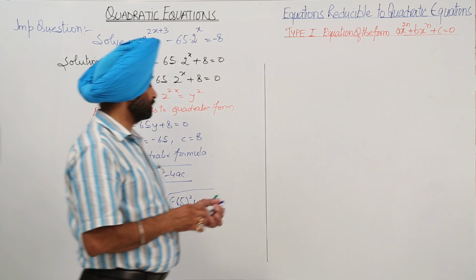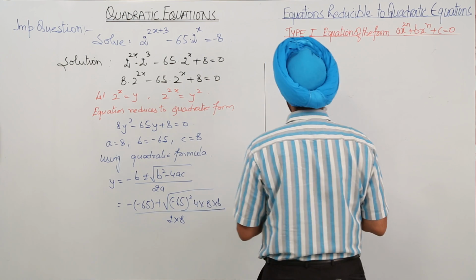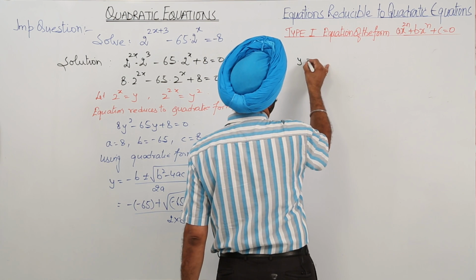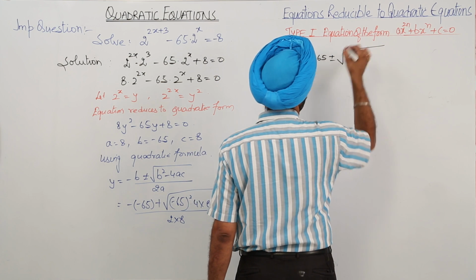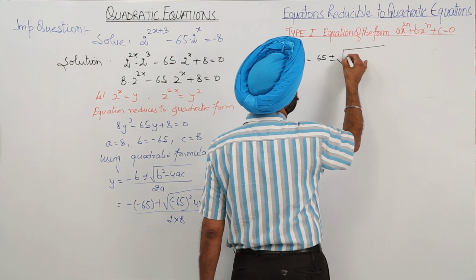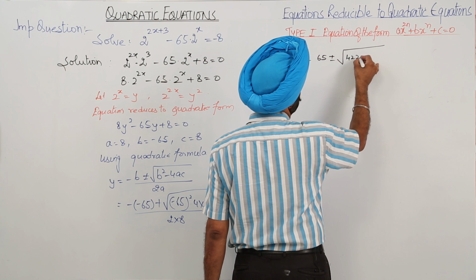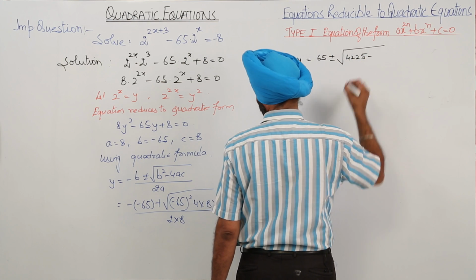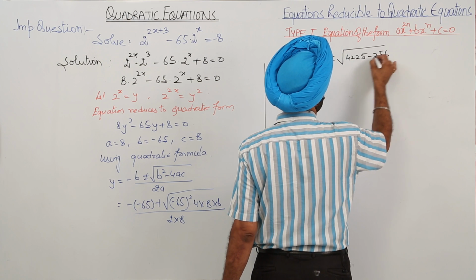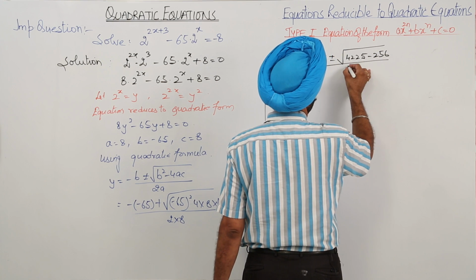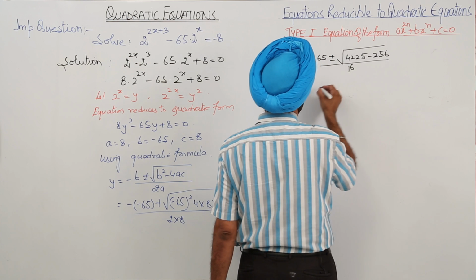Now, this becomes 65 plus minus square root of 65 square, which is 4225, minus 4 times 8 times 8, that is 256, upon 16.